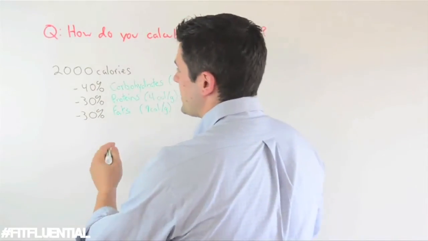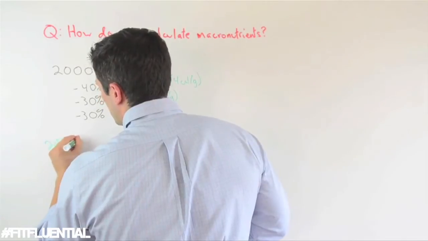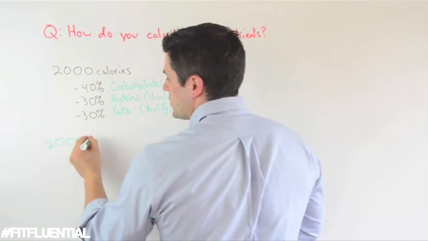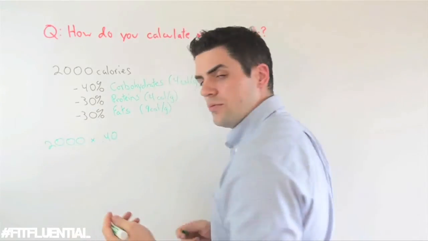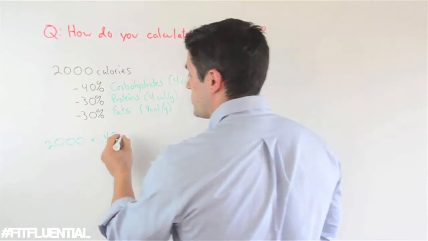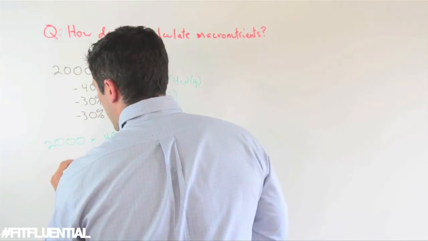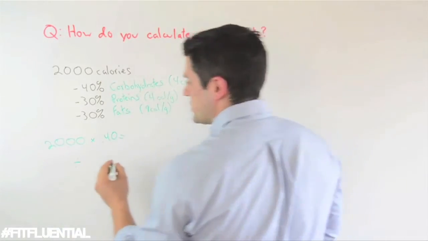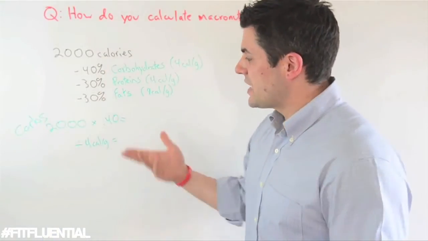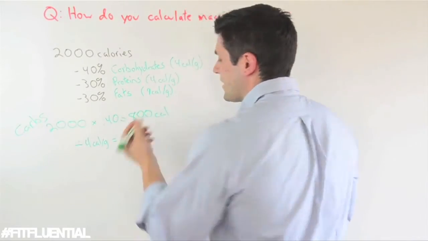So if we do the math here, we're going to start with 2,000 calories, okay, and then we're going to multiply this by 0.40, right? So essentially by 40%. And then we're going to take that number and divide it by 4 calories per gram. We say 2,000 times 0.4 is going to give us 800 calories.